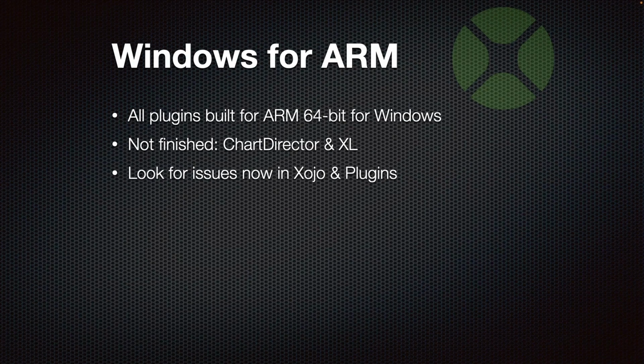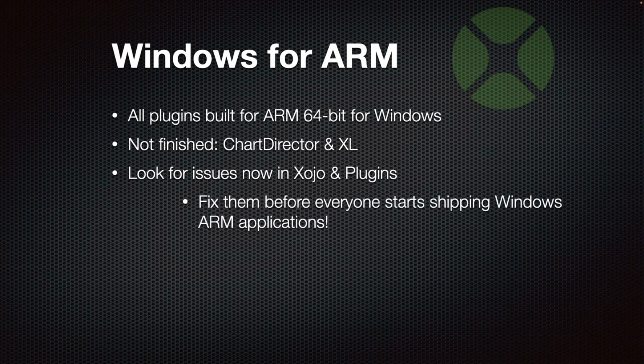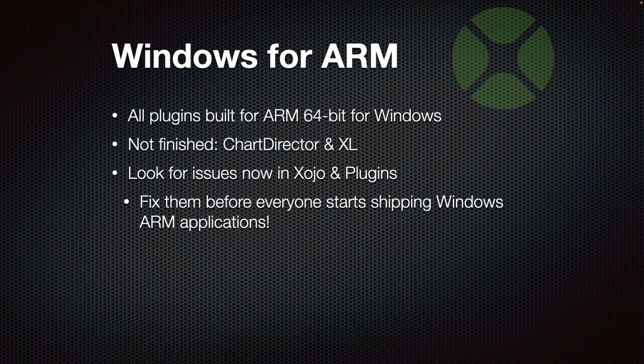And now it's time to look for issues in this code, because we want to get all the bugs fixed before we have to ship Windows for ARM. In testing, I mainly test with Windows 11 on a VM on a MacBook Pro M1.